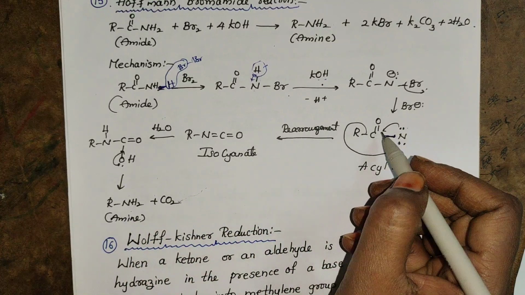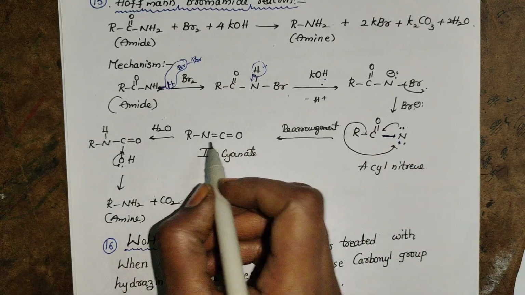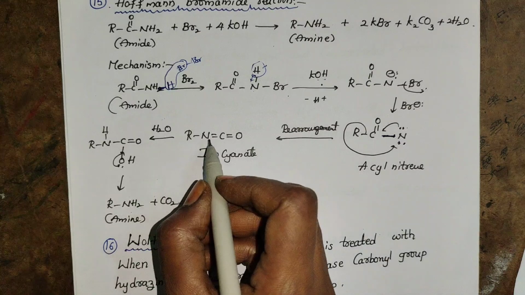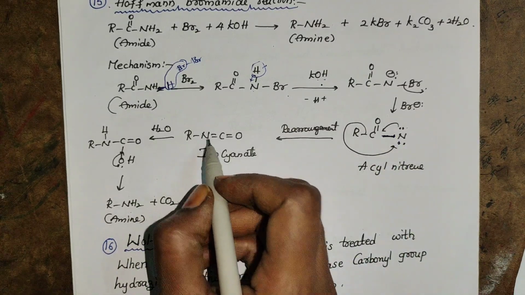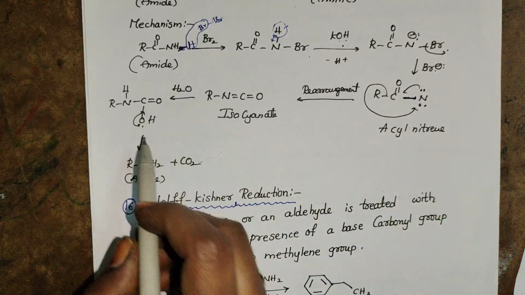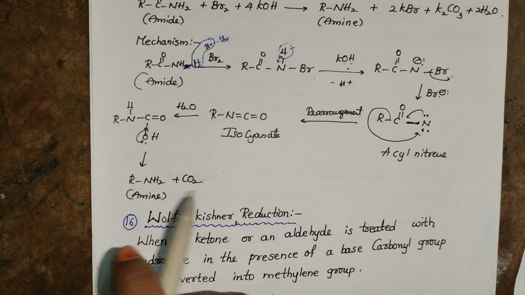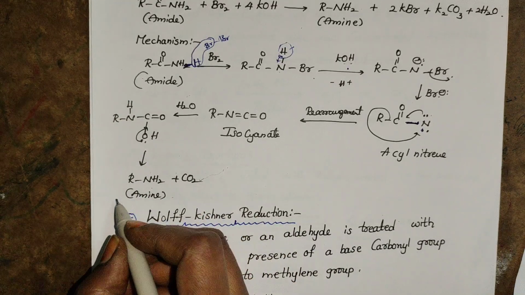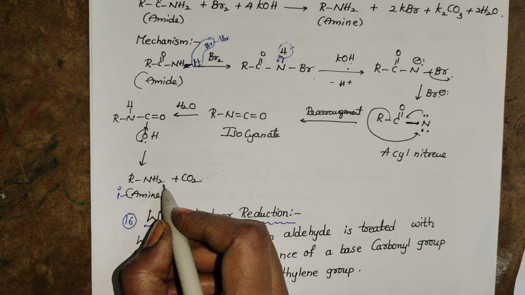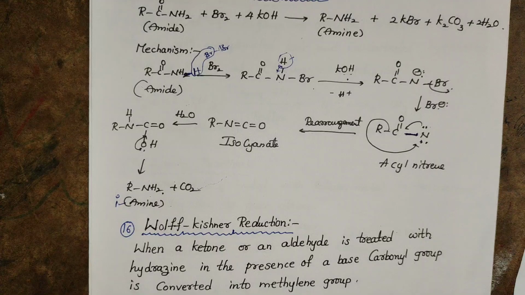This electron shifting and this electron will make a double bond, C double bond O is always there, and C double bond N is formed, and it is attached with the R. In presence of water it will give directly amine. Simply from amides to amine formation. Which amine? Primary amine. Why? Because this nitrogen contains two hydrogens. This is about Hoffmann bromamide reaction.